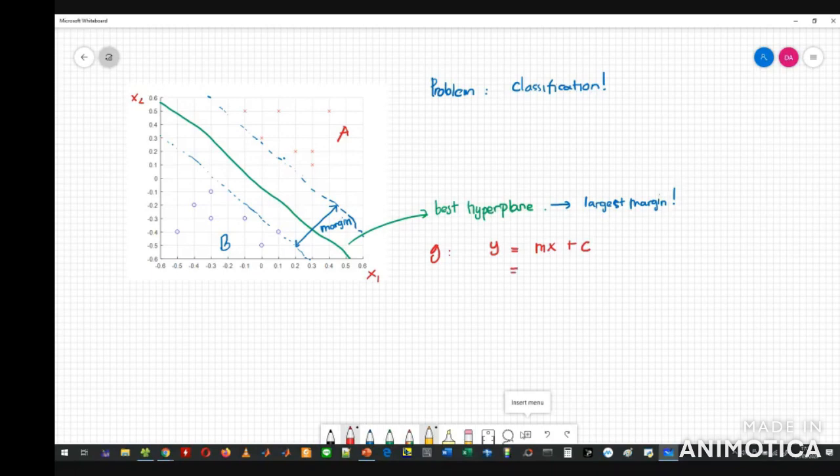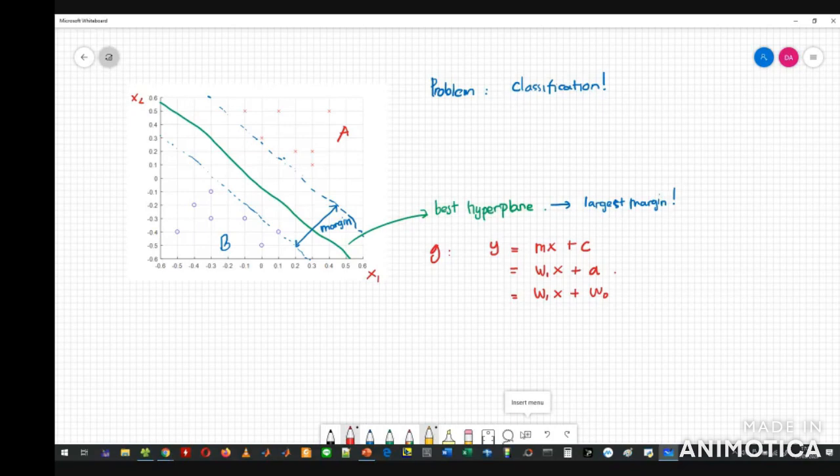This is exactly the same as another notation, w1x plus w0.